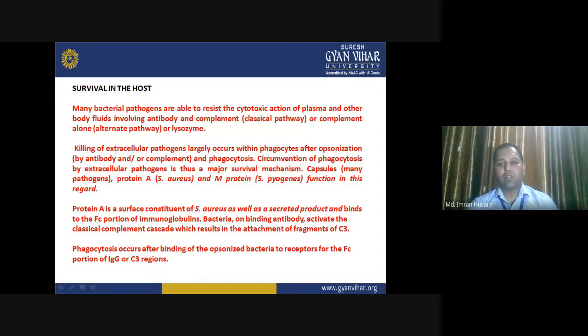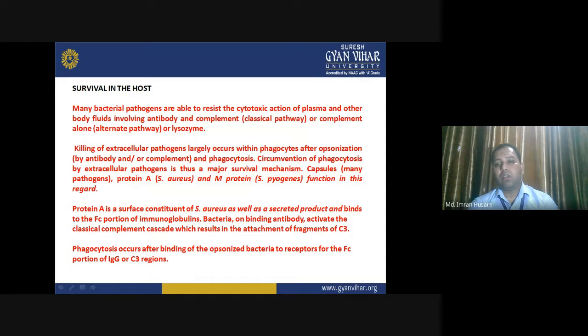Circumvention of phagocytosis by extracellular pathogens is thus a major survival mechanism. Capsules, many pathogen proteins, and M proteins function in this regard. Protein A is the surface constituent of S. aureus, as well as a secreted product, and binds to the Fc portion of immunoglobulins.